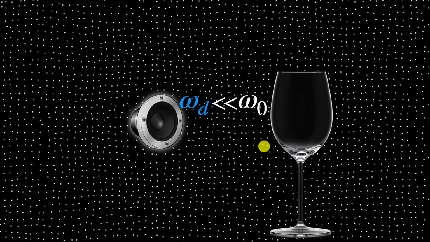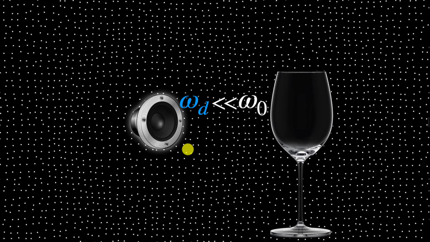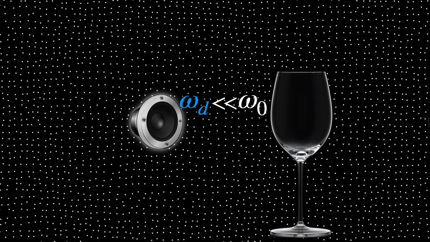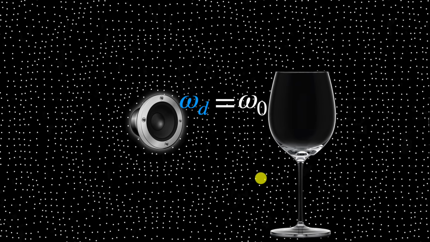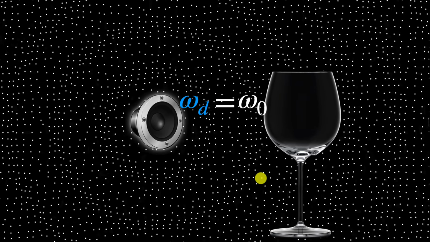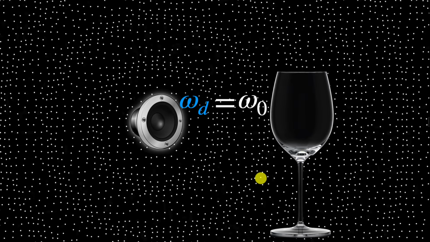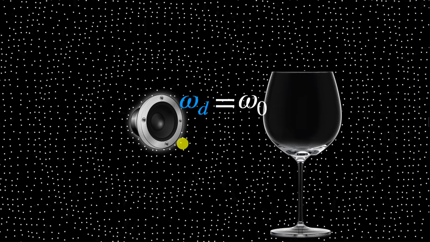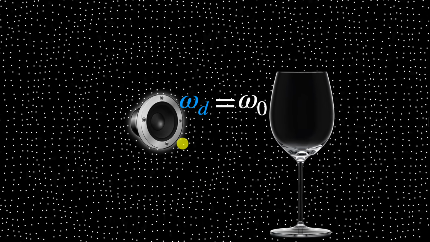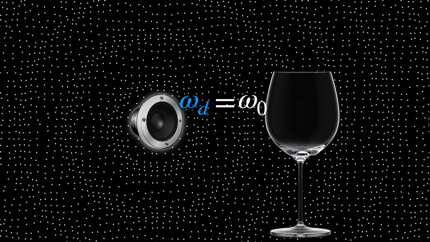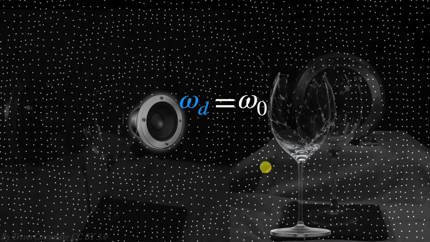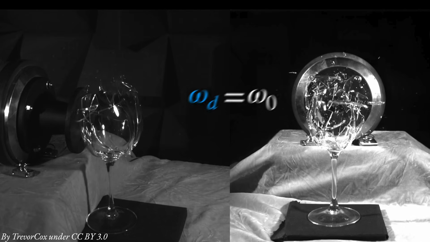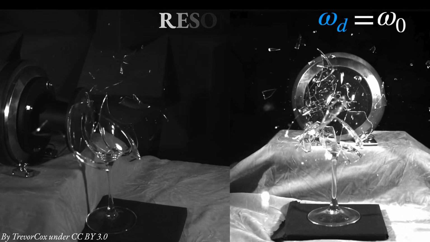But what if we could somehow match the driving frequency to the natural frequency of the wine glass? Then we get resonance, just like before. And the amplitude will increase. And if we have enough energy, if the sound is loud enough, then the amplitude could be so high that the wine glass shatters. That's exactly what we saw earlier: resonance.